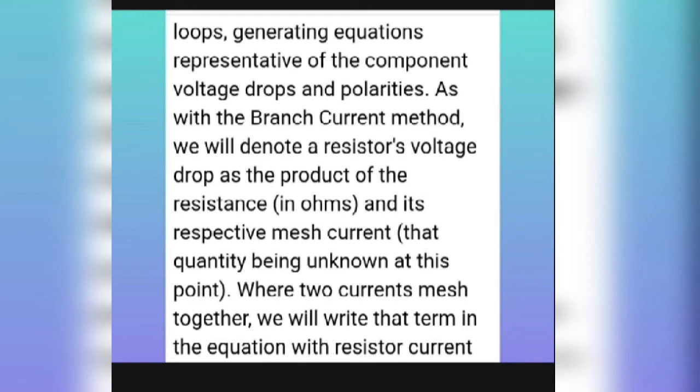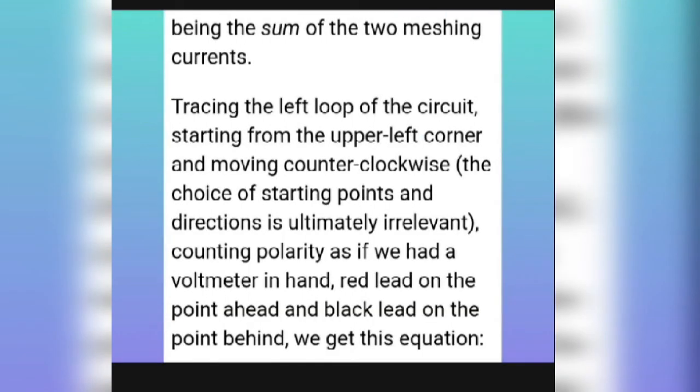Where two currents mesh together, we will write that term in the equation with the resistor current being the sum of the two mesh currents. Tracing the left loop of the circuit starting from the upper left corner and moving counterclockwise, the choice of starting point and direction is ultimately irrelevant.